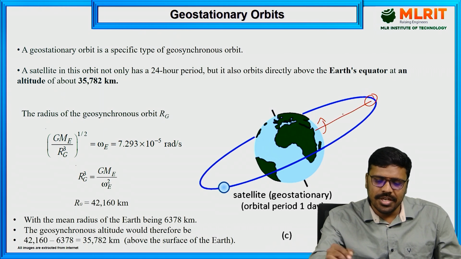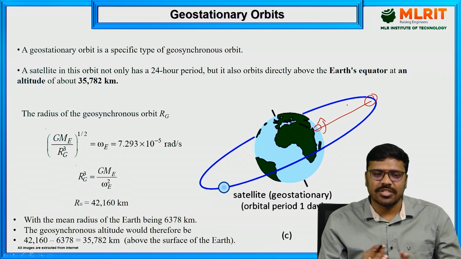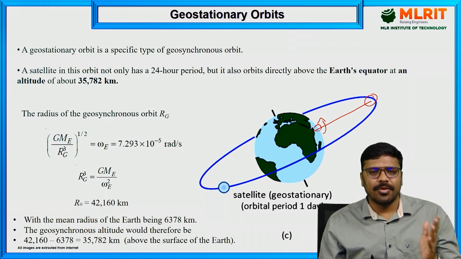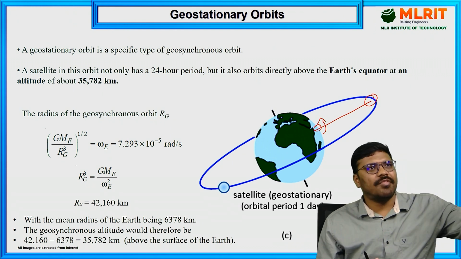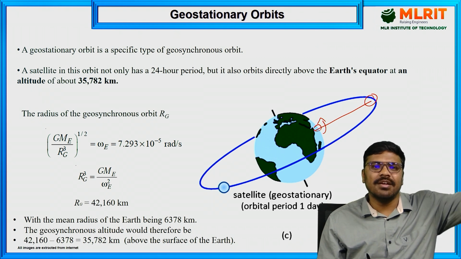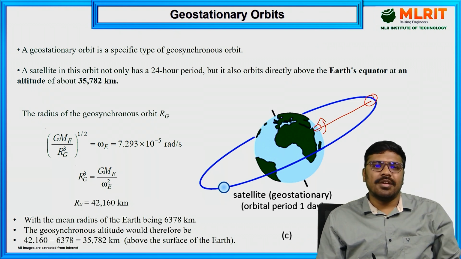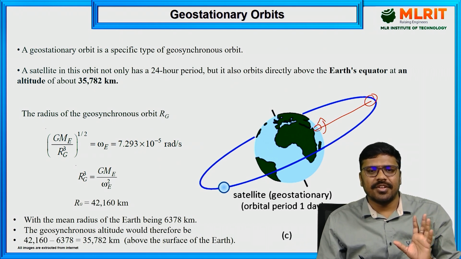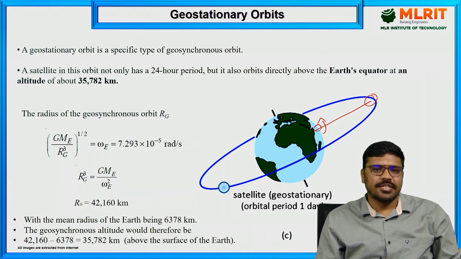Whatever the time you take, 1 p.m., 2 p.m., 3 p.m. or 11 a.m., the position of the object in the geostationary orbit does not change. This is the difference between geosynchronous and geostationary orbit.